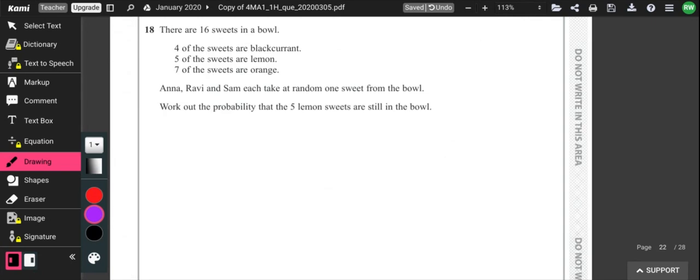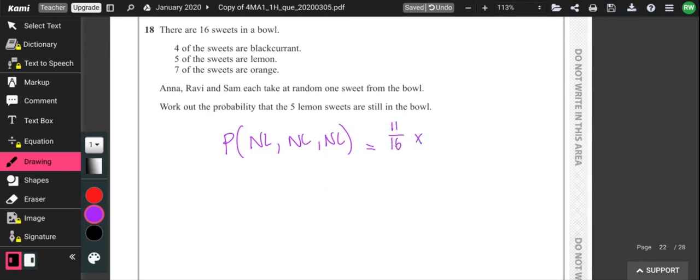Question 18, there are 16 sweets in a bowl. They take a random sweet, work out the probability that the 5 lemon sweets are still in the bowl. So this is the probability that you're not getting lemon each time. So not lemon, and not lemon, like that. So 4 plus 7, that's 11 sweets that aren't lemon out of the 16 to start with.